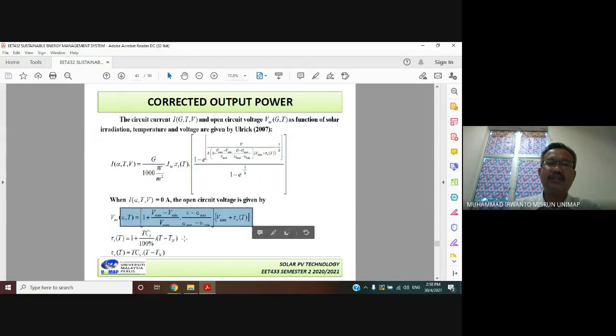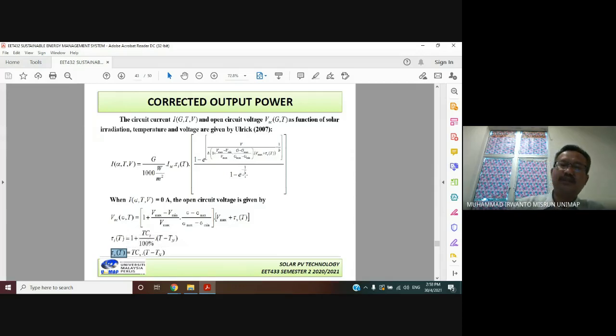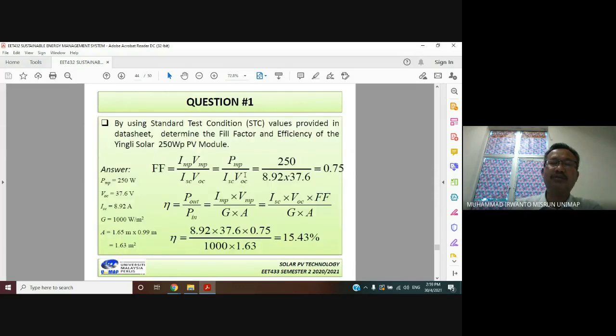We can see here Ti and Tv mean the coefficient of current as a function of temperature, and this one the coefficient of voltage as a function of temperature also. This is the formula for calculating the performance of the PV module. Okay, we can see for example.